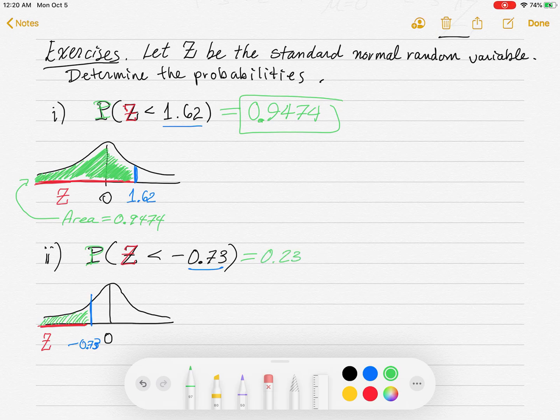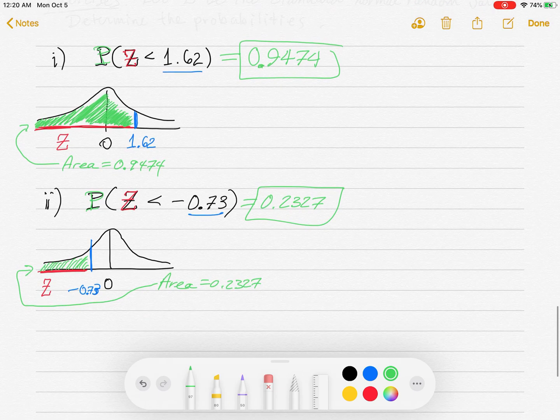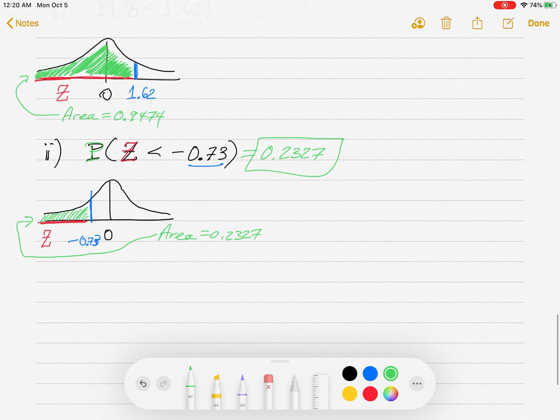So that's 0.2327. And that's what that green area is. 0.2327, just for emphasis.